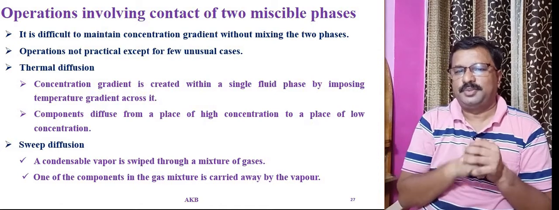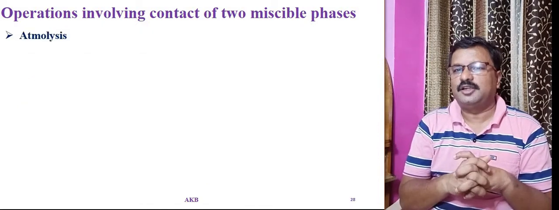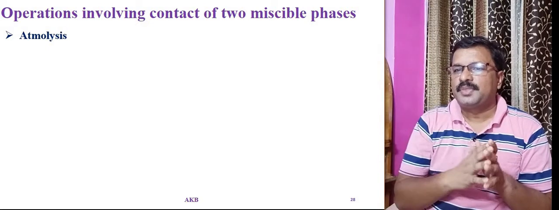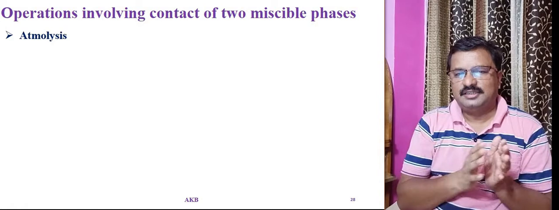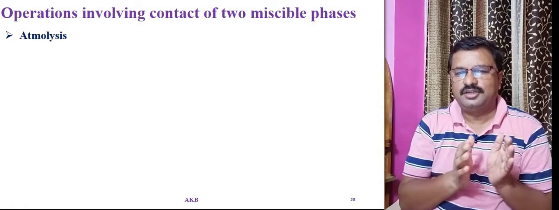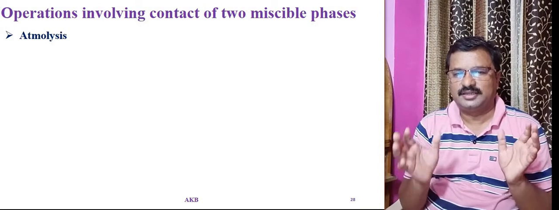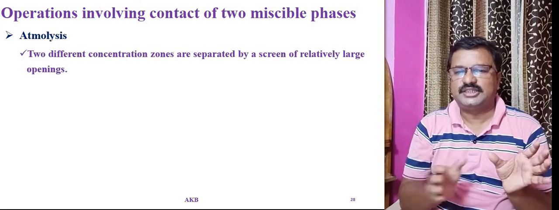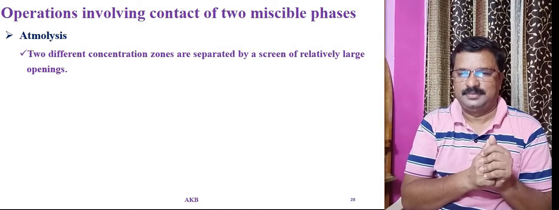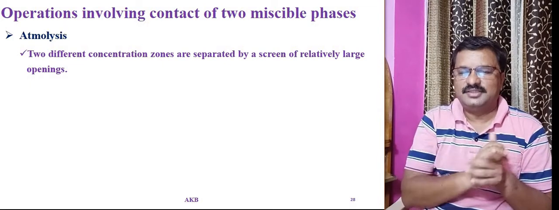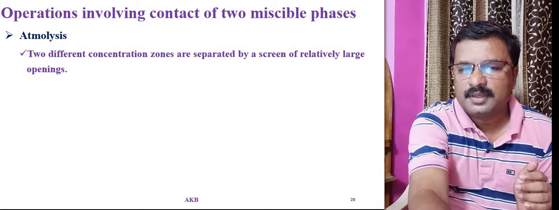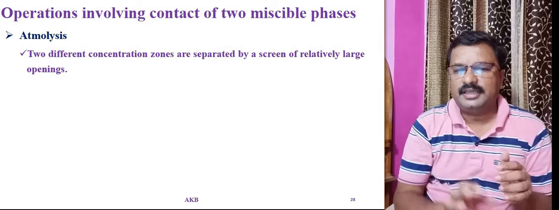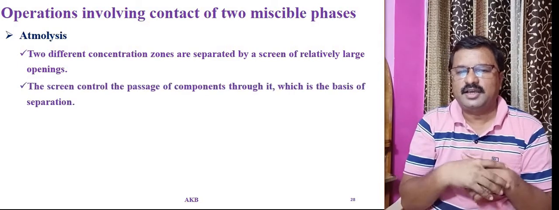Then the next operation in this category is called atmolysis. In case of atmolysis, what is done? When you have a single phase and there are two different places where the concentration is different, such zones are separated by a screen. But the screen that is used has relatively large openings.